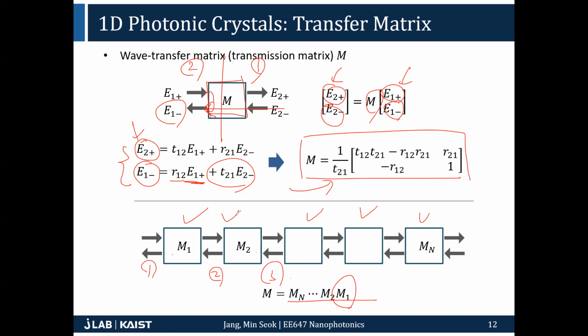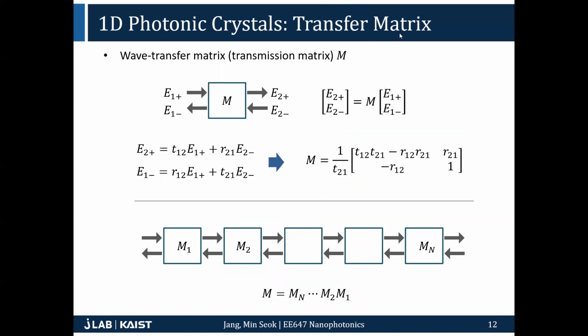So to see the overall response of the entire structure, you can just multiply those. So the question now is how to find the transfer matrix of our structure, right?